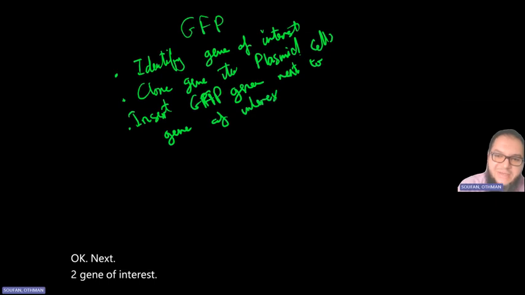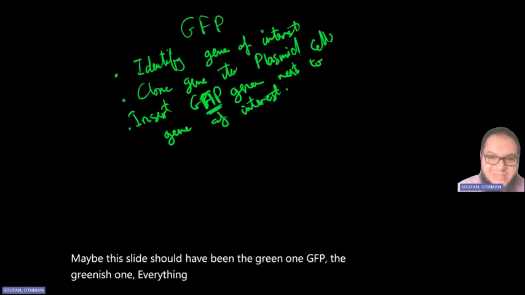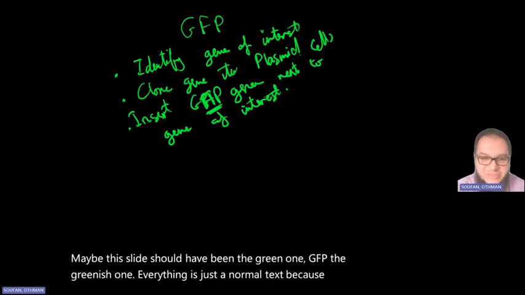Maybe this line should have been the green one, the greenish one, since everything else is normal text and this is the green fluorescent protein.